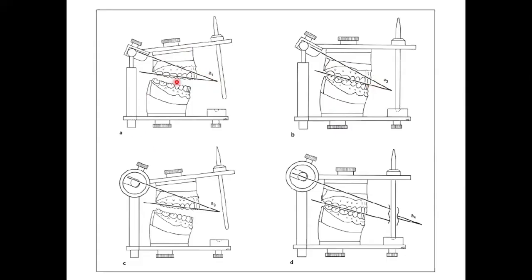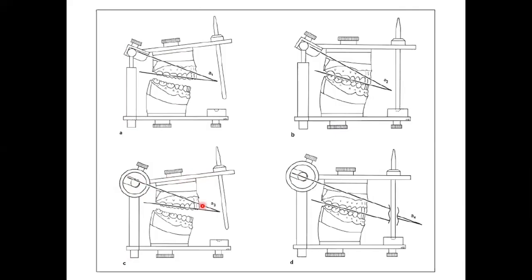Pictures A and B depict an arcon type of articulator, that is articulating condyle, where the condyle is located on the lower member but the condylar track is located on the maxillary member. In pictures C and D, this is not an arcon type, it is a non-arcon type, where the condylar track is located on the mandibular member, but this point, which represents your condyle, is attached to your upper member.